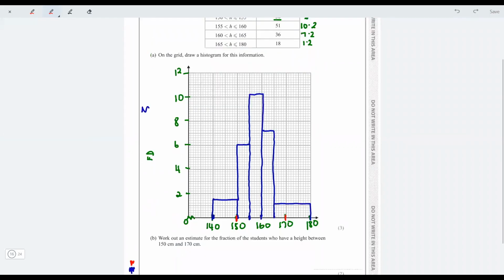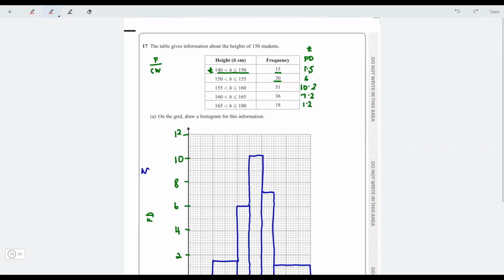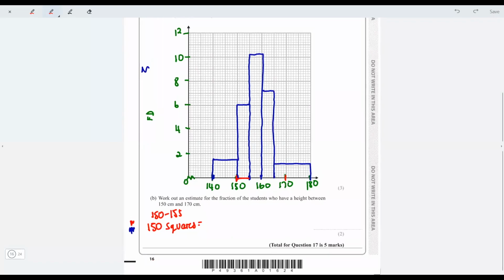So if I have a look between 150 and 155, how many squares do I have? 5 times 10, 20, 30, that's 150 squares. How many people does that represent? It represents 30 people.